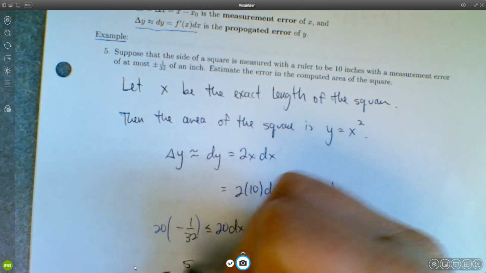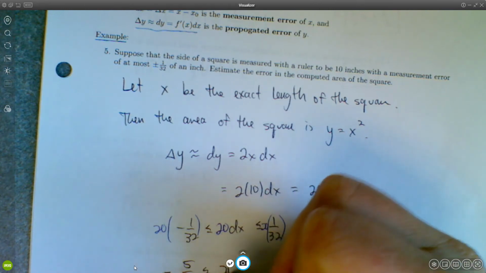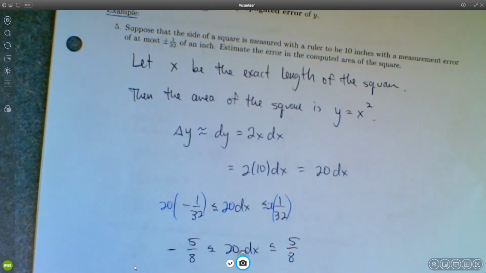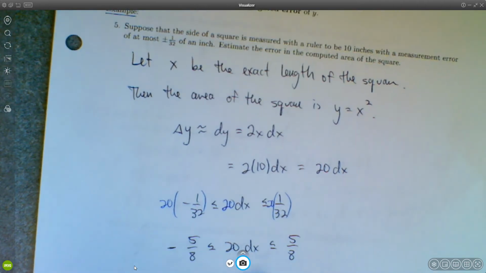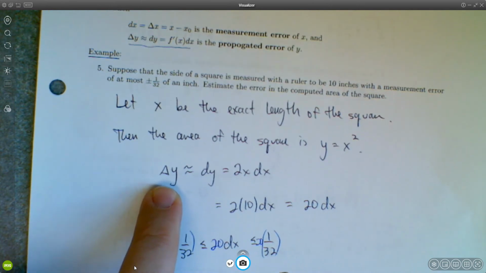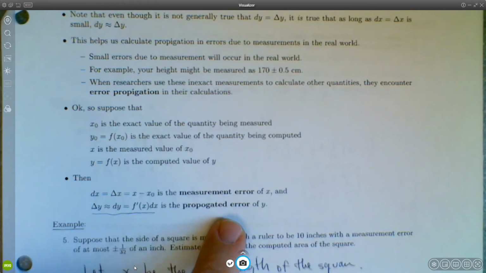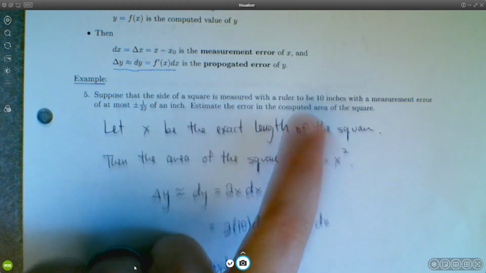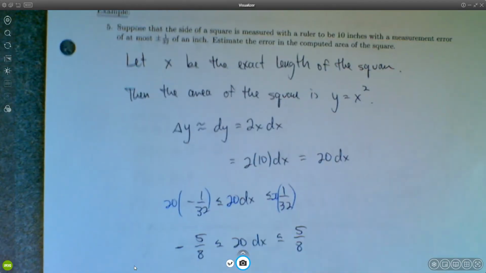Negative 5/8 is less than or equal to 20 dx, which is less than or equal to positive 5/8. And there you go, right? So 20 dx is approximately delta y, so that's approximately the propagated error, the error in the computed area of the square.